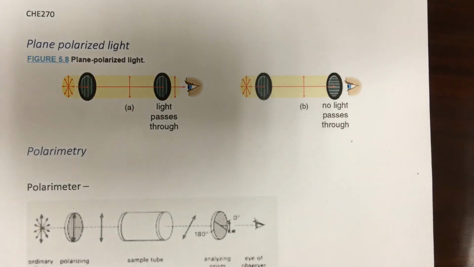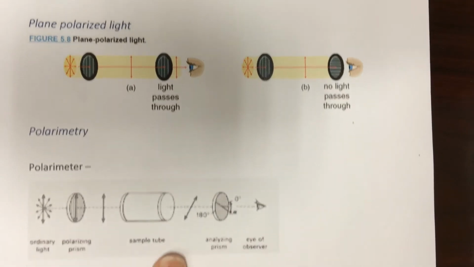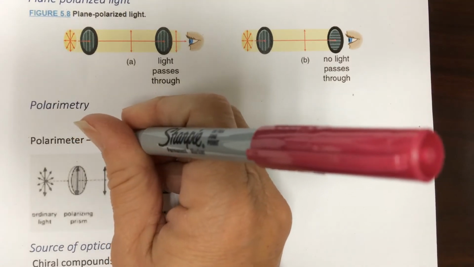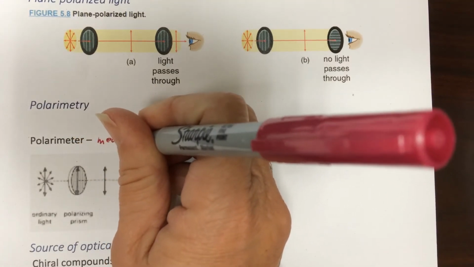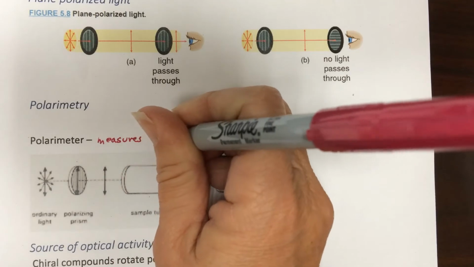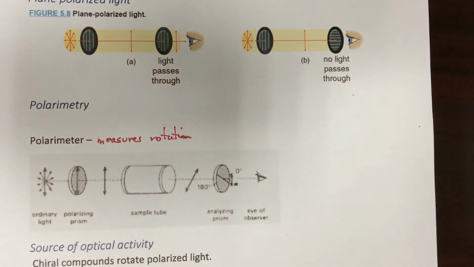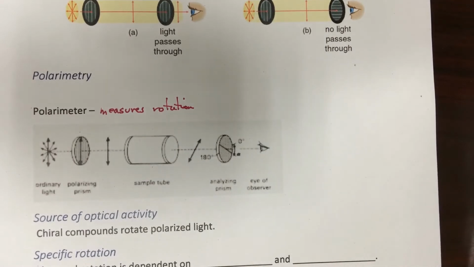So polarimetry was discovered in 1815, and it was discovered that some organic compounds could rotate light. These substances were optically active. A polarimeter is what we use to measure this rotation. And it's going to look a lot like a spectrophotometer.